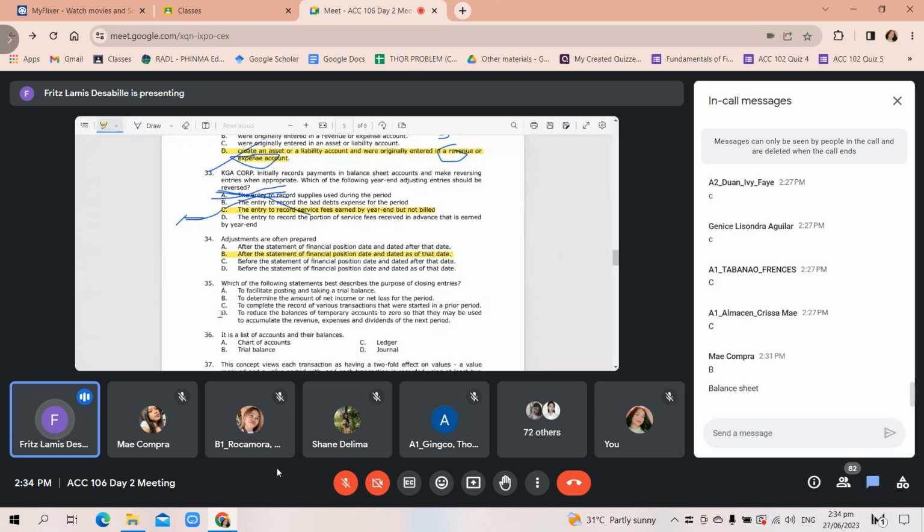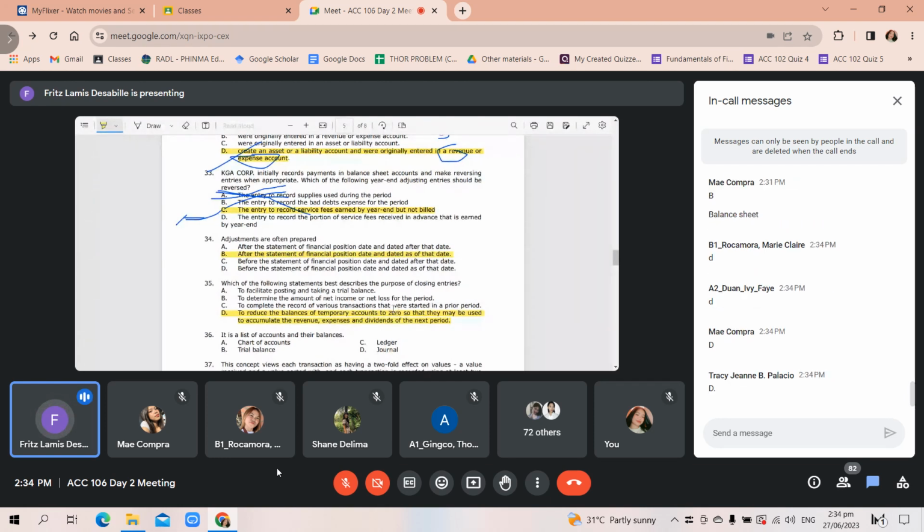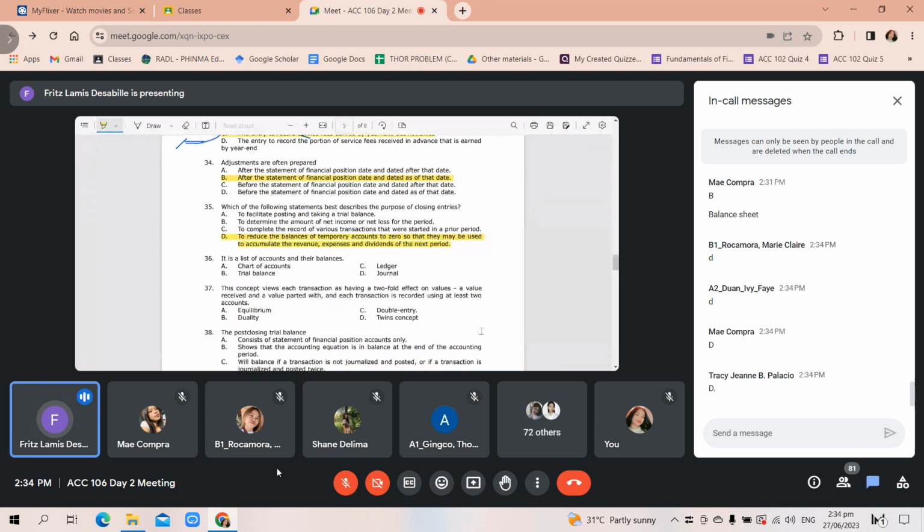Obviously, the most obvious answer is letter D. To reduce the temporary accounts to zero, so that they may be used to accumulate the revenue, expenses, and dividends of the next periods. Number 36, this is the definition of a chart of accounts. Oh no, sorry. And their balances. Sorry. This is the trial balance definition.